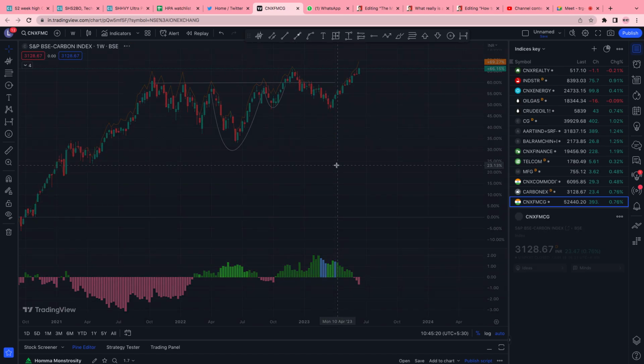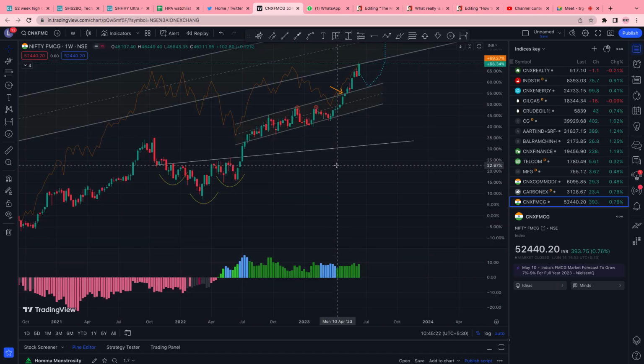No, no. FMCG is a leader and has been a leader since, this is a sector which I have been posting since mid 2022, when this kind of a breakout happened, and it was very clear that this one started the outperformance.